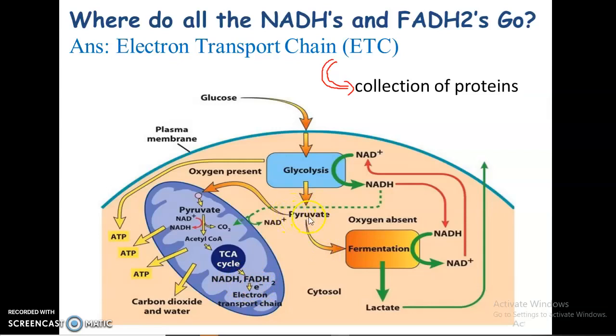The other fate of this pyruvate is fermentation, through which the pyruvate will be converted into lactate. One thing we have to consider here is that there should always be an oxidized form of NAD, because there will be energy synthesis in cells, because living organisms always need energy. Therefore, there is NADH formation in glycolysis.